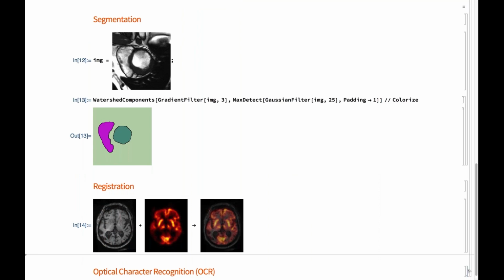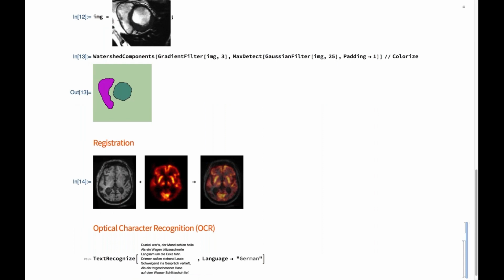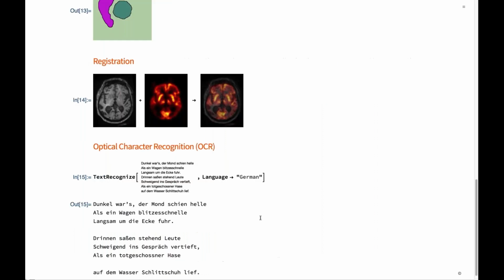And then there are a lot of recognition tasks that were already going into the area of machine learning, like OCR, optical character recognition, like what we have here under text recognize in Mathematica. This already included some machine learning and neural networks being part of machine learning.